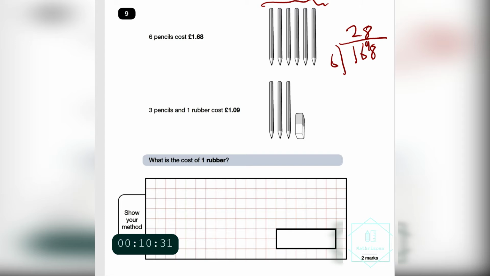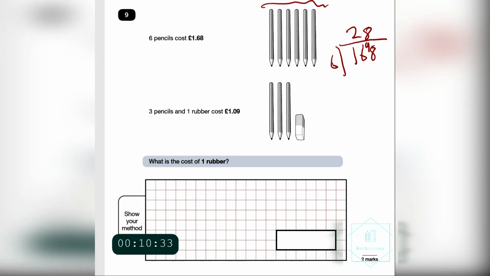So to work it out, first we have to calculate the cost of 3 pencils, which is 3 eights are 24, carry forward 2, 3 twos are 6 plus 2 is 8. So the cost of 3 pencils is 84p. Then to calculate the cost of one rubber, we will subtract 84p from 109.